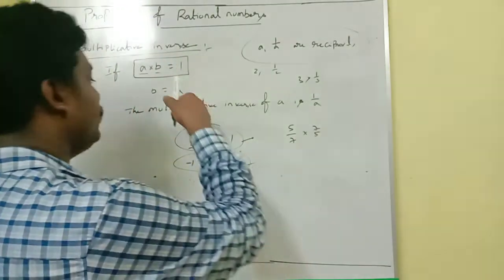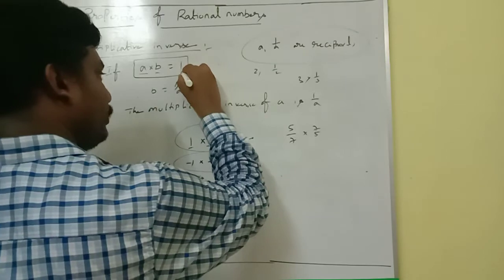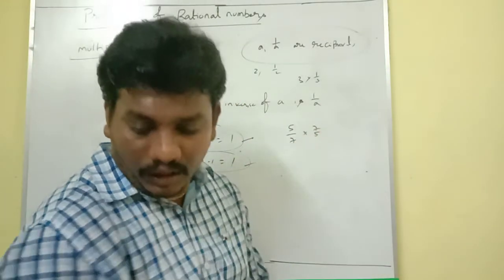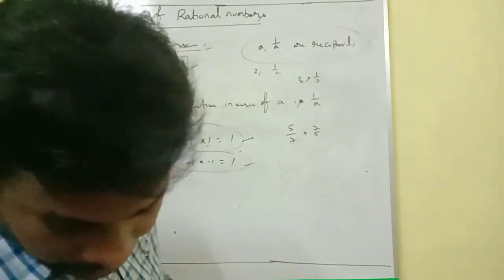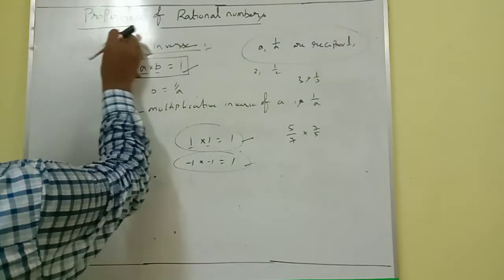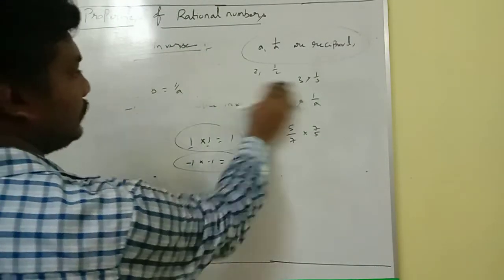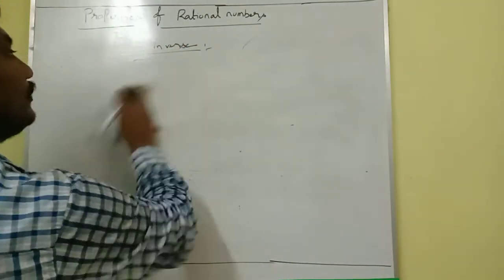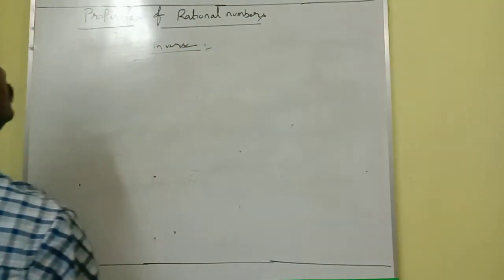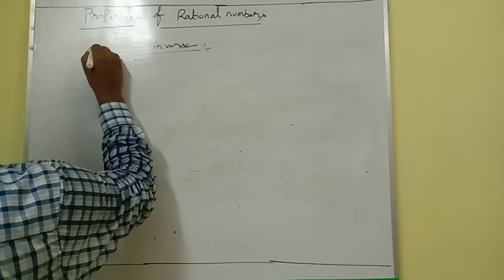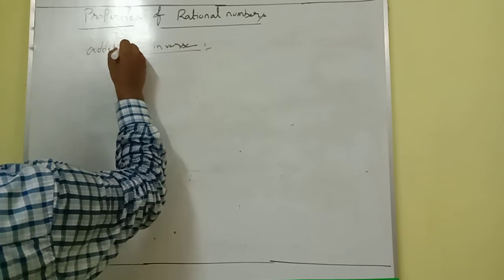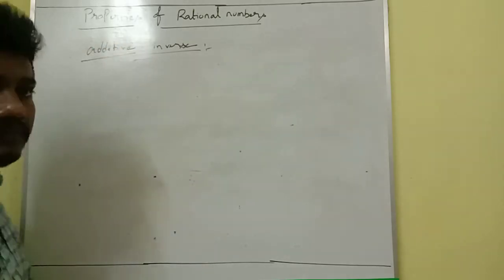Now in this concept we discussed multiplicative identity and multiplicative inverse. Then coming to additive inverse. What is additive inverse?